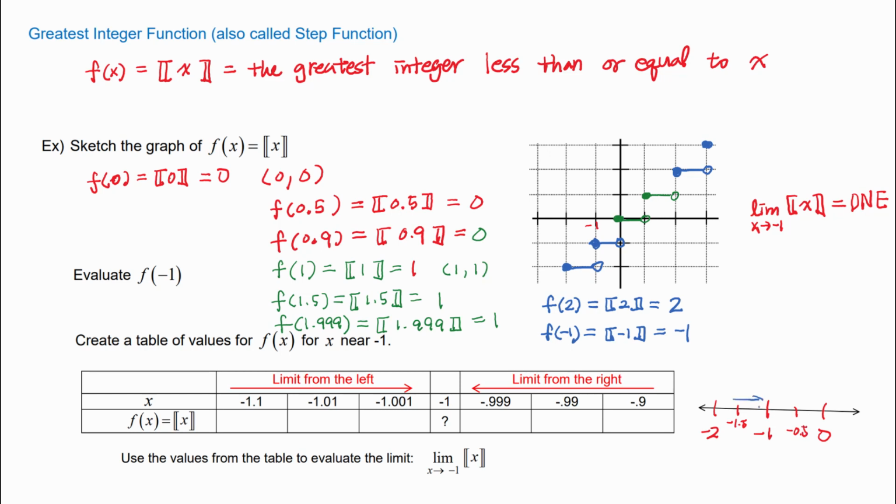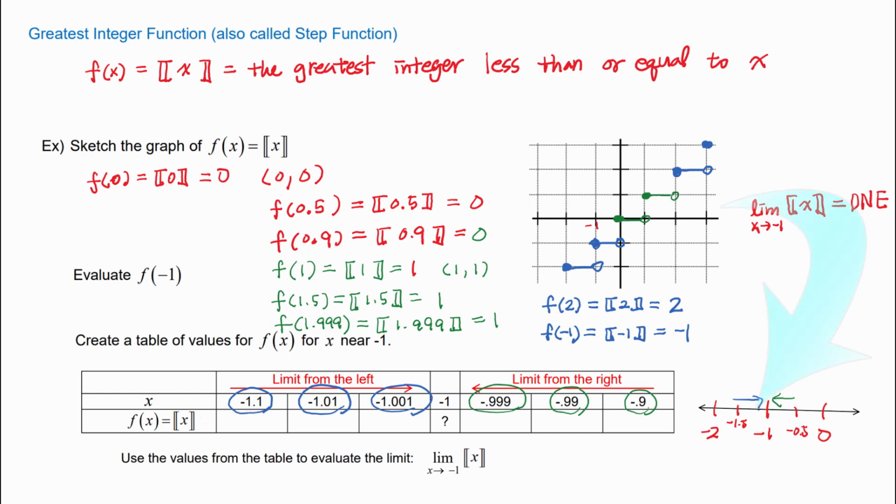As x approaches -1 from the left, we choose -1.1 and then get closer, -1.01, even closer, -1.001. Now, from the right of -1, we choose -0.9, and then -0.99, even closer to -1, then -0.999.